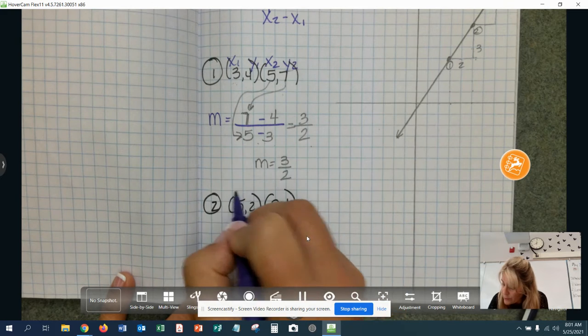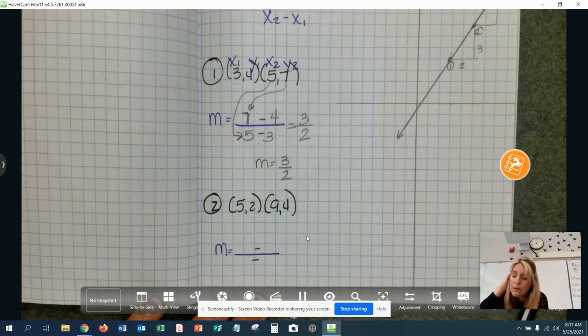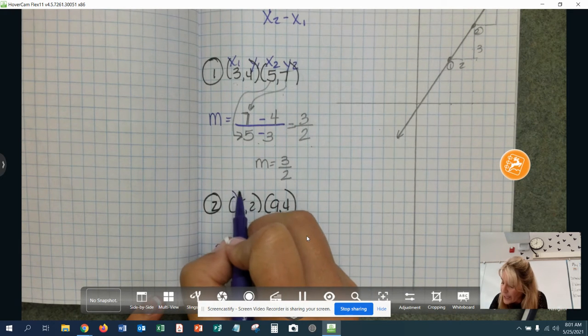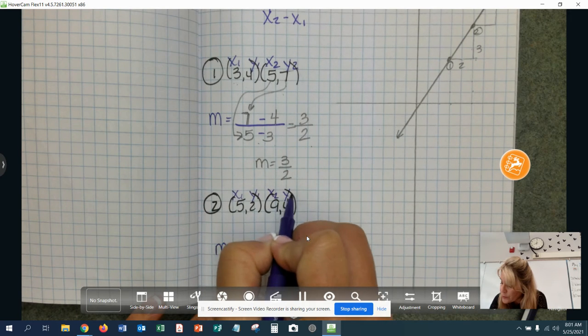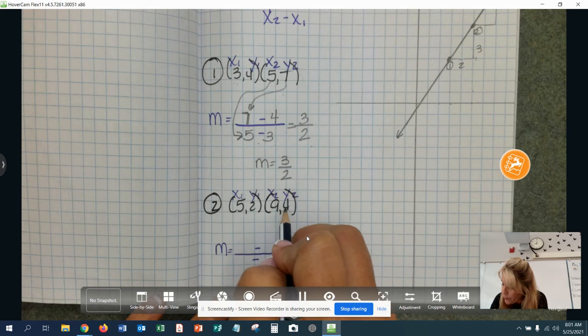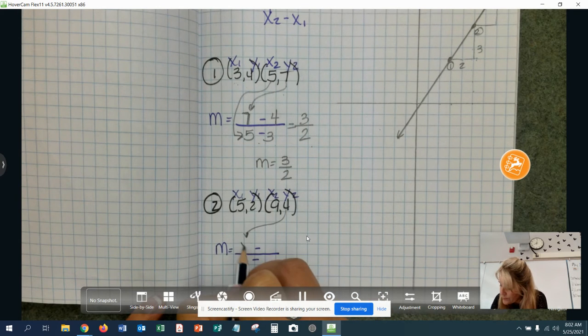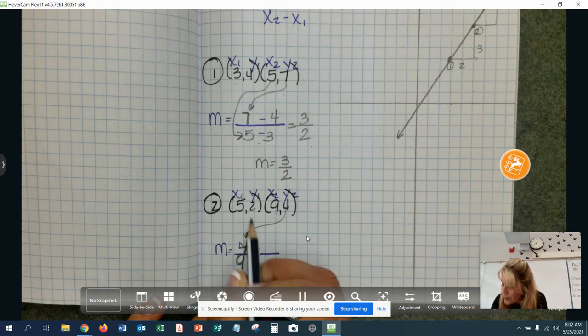I'm going to label, well, first off, I'm going to write the formula. Plug in the negatives. Okay, and then we've got x1, y1, x2, y2. And remember, this set goes first. So I'm going to plug in the y2, which is 4. And then the 9 goes here. All right.